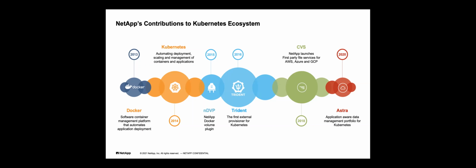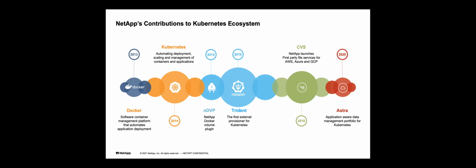I'm going to talk a little bit about some of the challenges of provisioning storage for Kubernetes, because it's actually a bit more complicated than just with Docker. And that single provisioner, Trident, now consumes Docker as well. So single tool set to work with both Docker and Kubernetes.